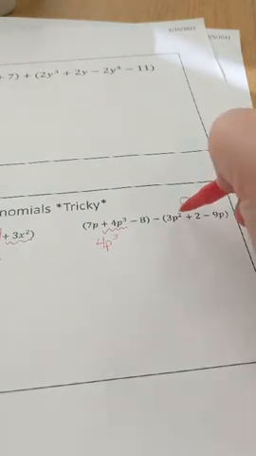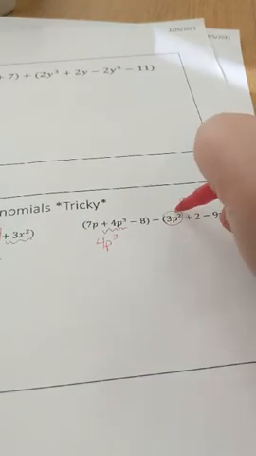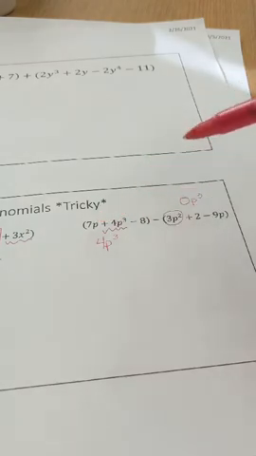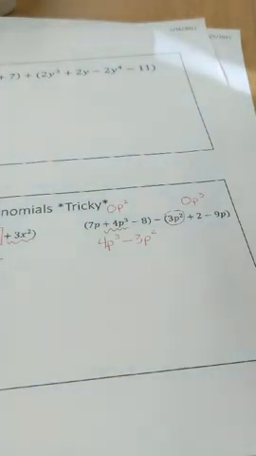Then we'll go to the seconds. This one doesn't have it, so this is the tricky part. If I had a 0p to the second, if I had a 0 minus 3, that would be a negative 3p squared.